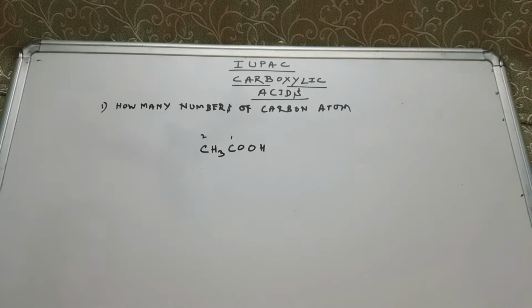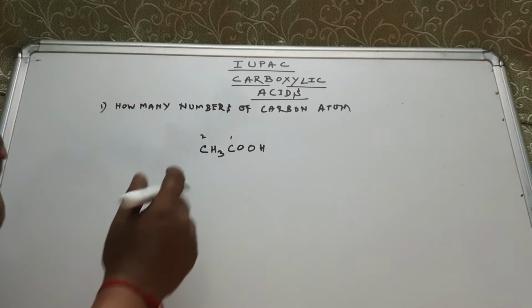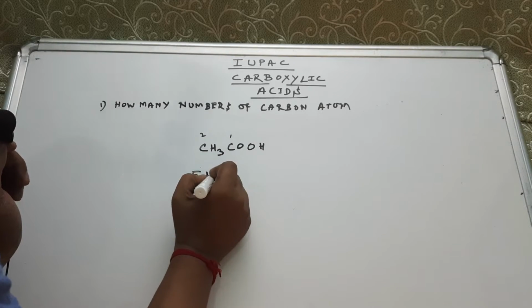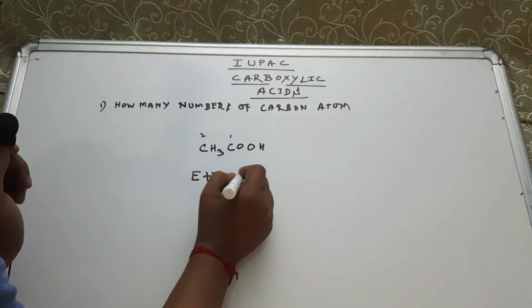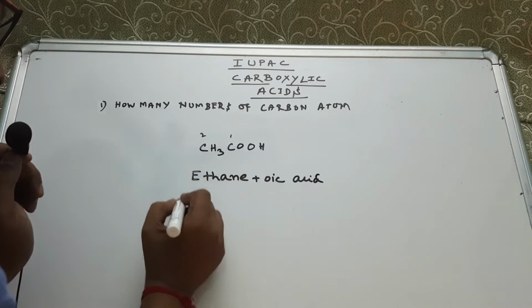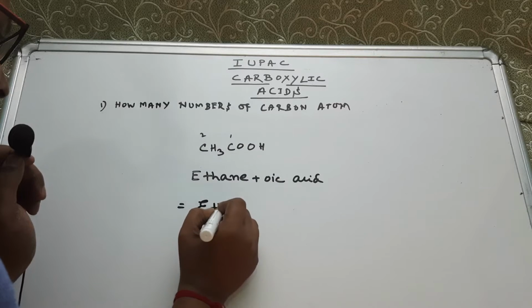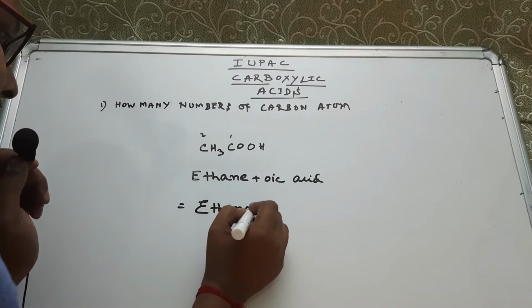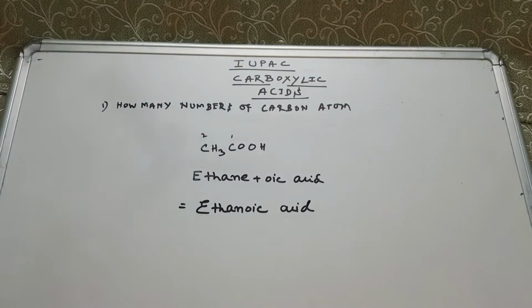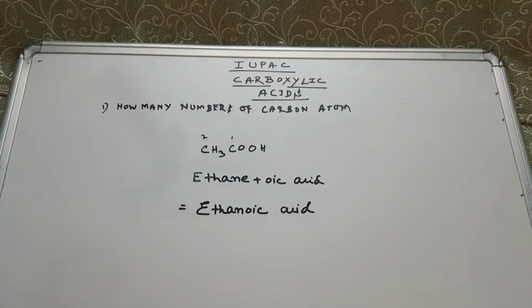So this is 2, so this is ethane plus oic acid, and it gives ethanoic acid.